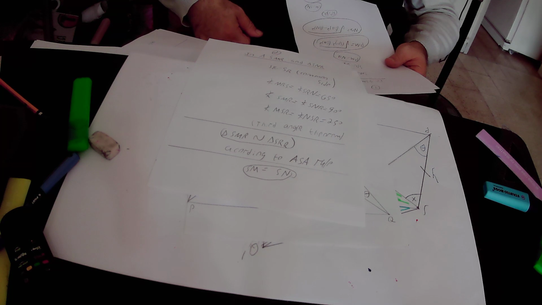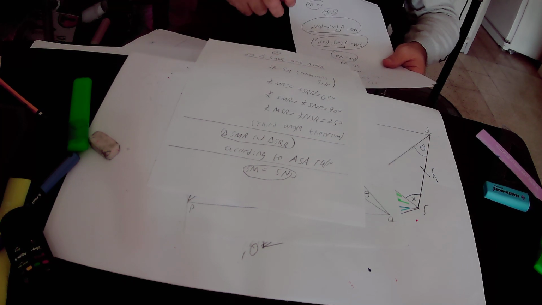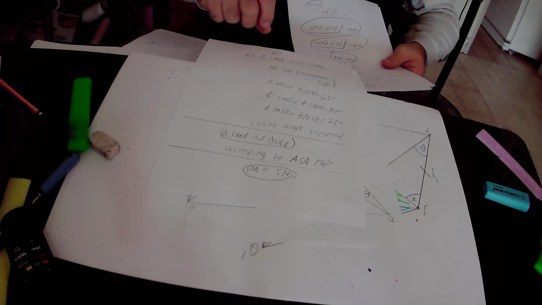So what is the side angle rule? If you prove that two sides and the angle between them of one triangle are correspondingly equal to two sides and the angle between them of another triangle, then you actually proved that those two triangles are congruent according to the side angle rule. Okay?